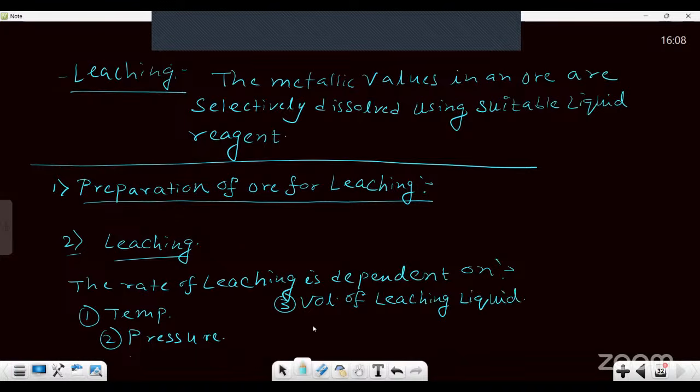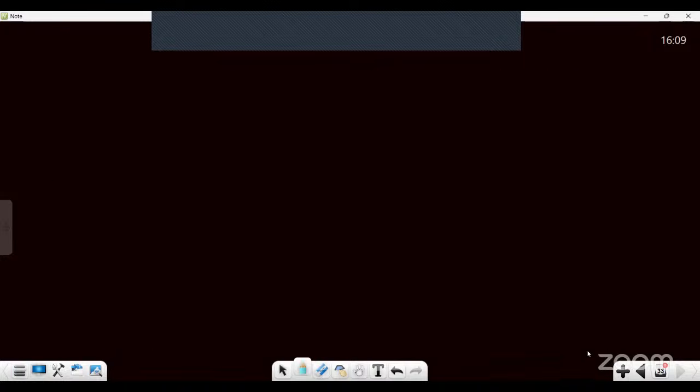Then particle size, pulp density, etc. These all matter.